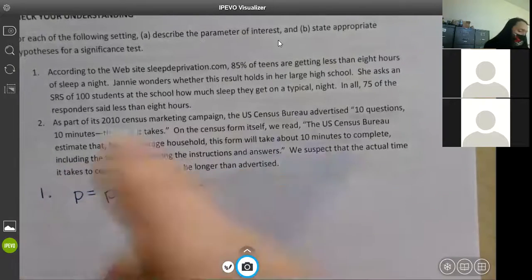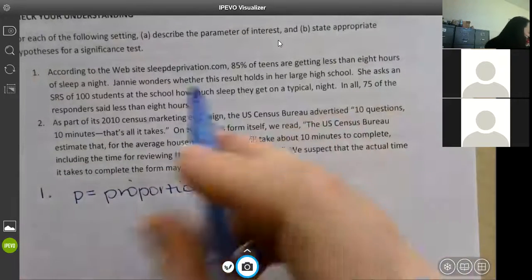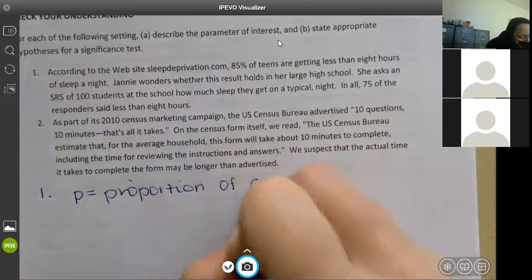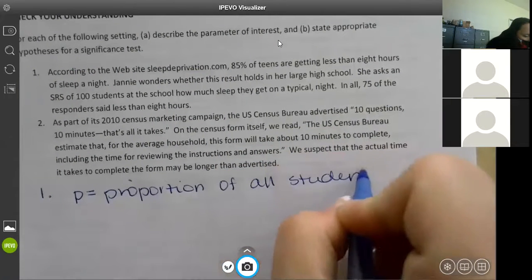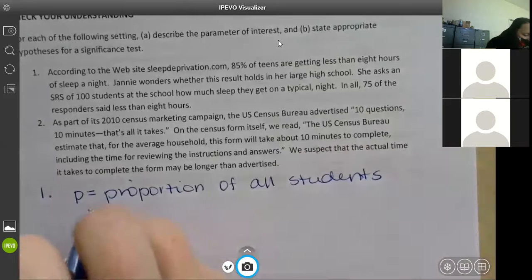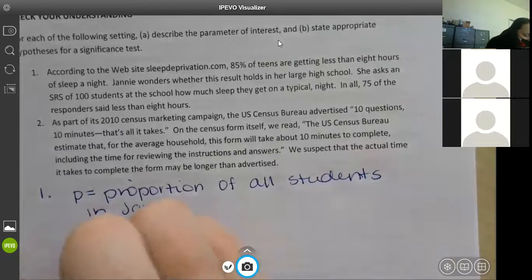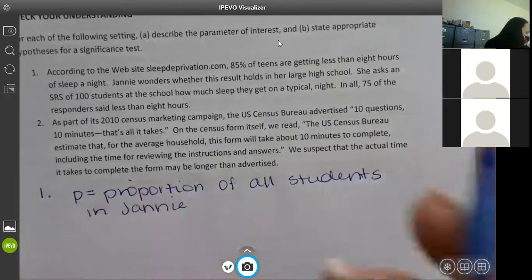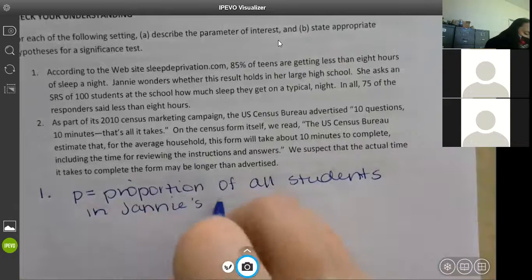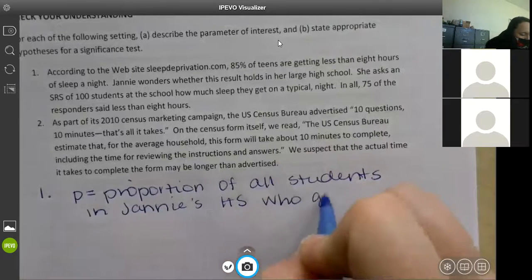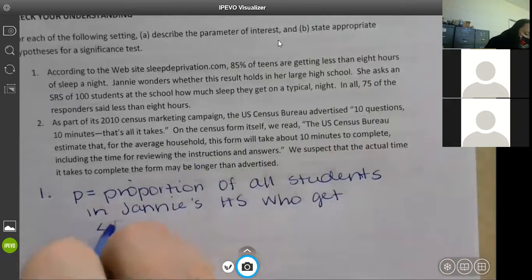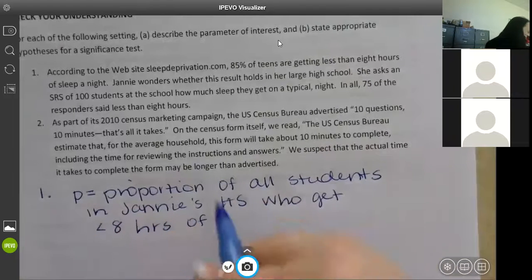It is the proportion, I don't know why I put a dot there, of all students in her high school who get less than 8 hours of sleep at night.